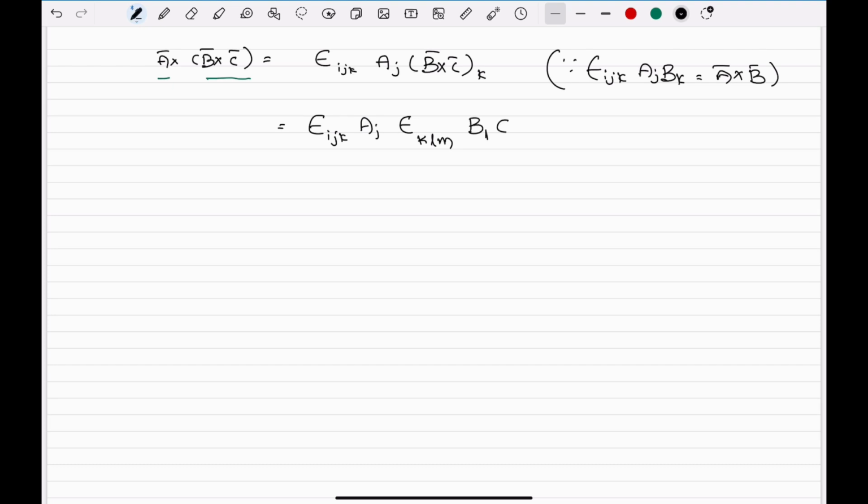B L C M. This is also from epsilon K L M B L C M is equal to B cross C. Here don't worry about KLM, LM, IJK, PQR. These are all only subscripts for the purpose of convenience.